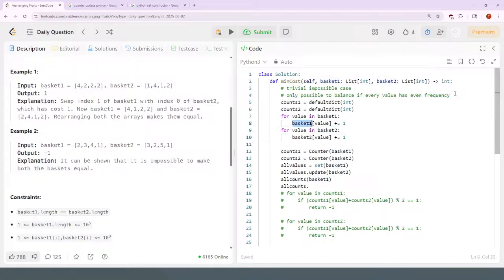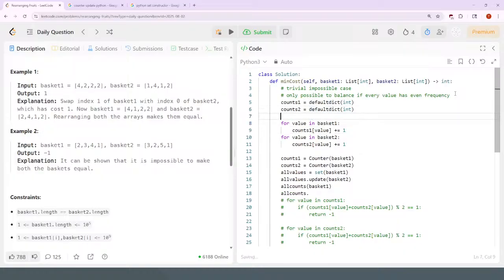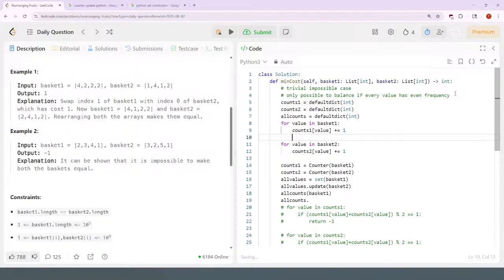Maybe I'll just do an all counts dictionary. All counts of that value plus equals 1.